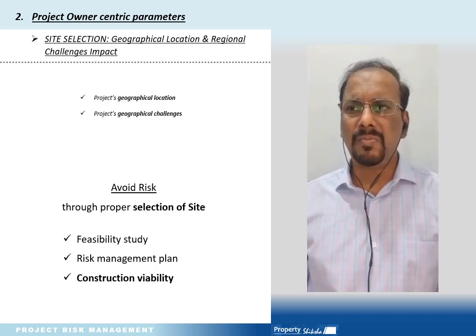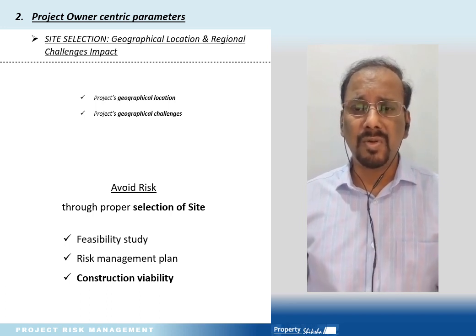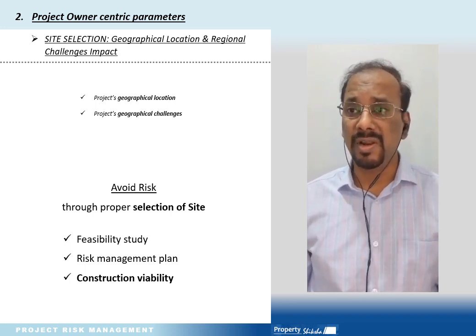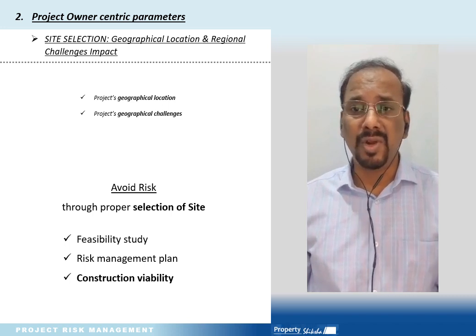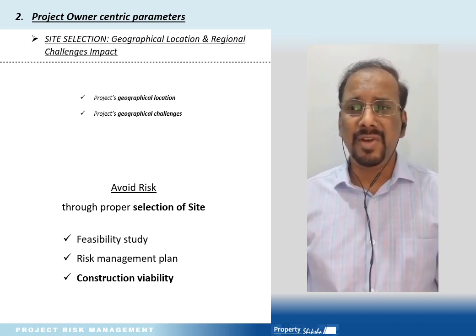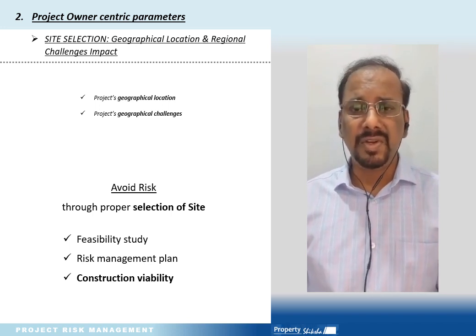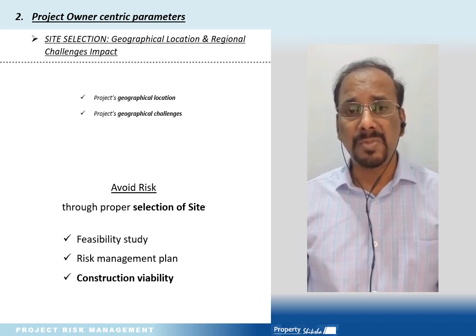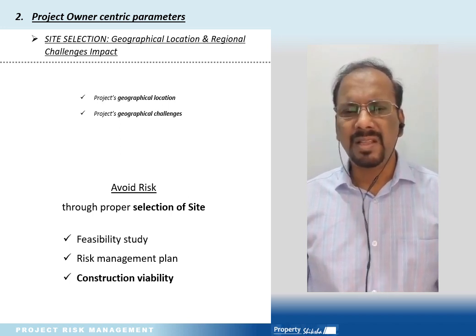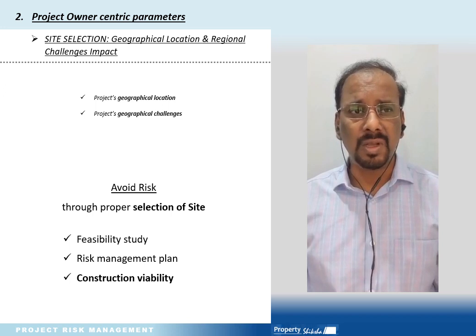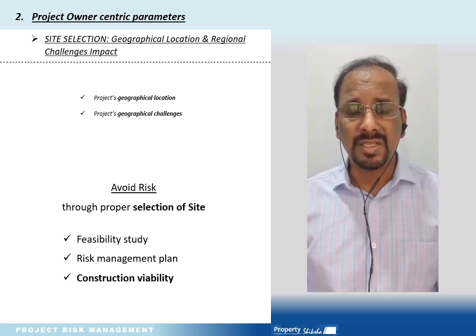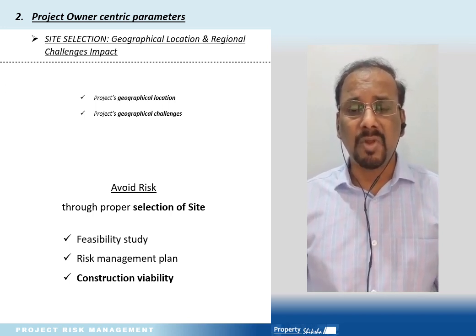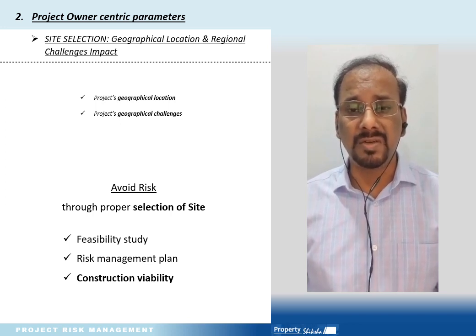When we talk about the project's geographical location, we talk about its location in a crowded area, remote areas, or sensitive or politically motivated areas, or its accessibility. And when we talk about the geographical challenges, we talk about the location of the site at steep hills, terrains, proximity to sea, or any other extreme weather condition that leads to challenges towards site planning, project planning, project construction, cost of the construction, etc.